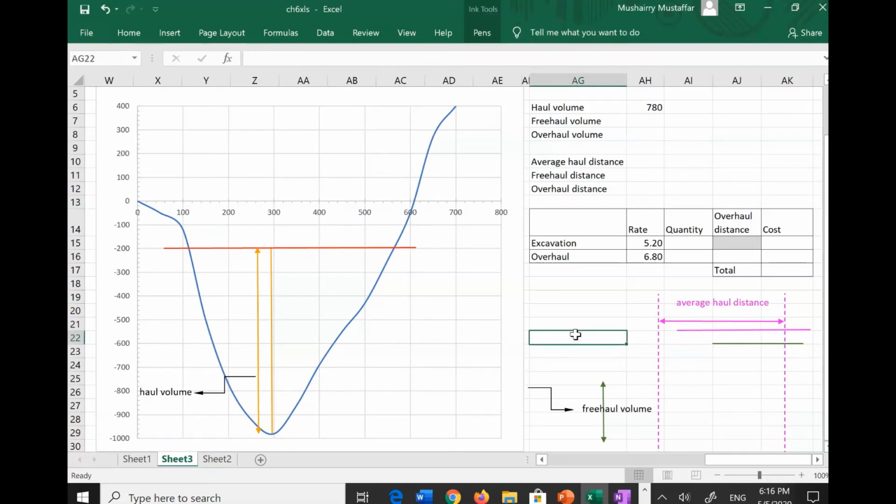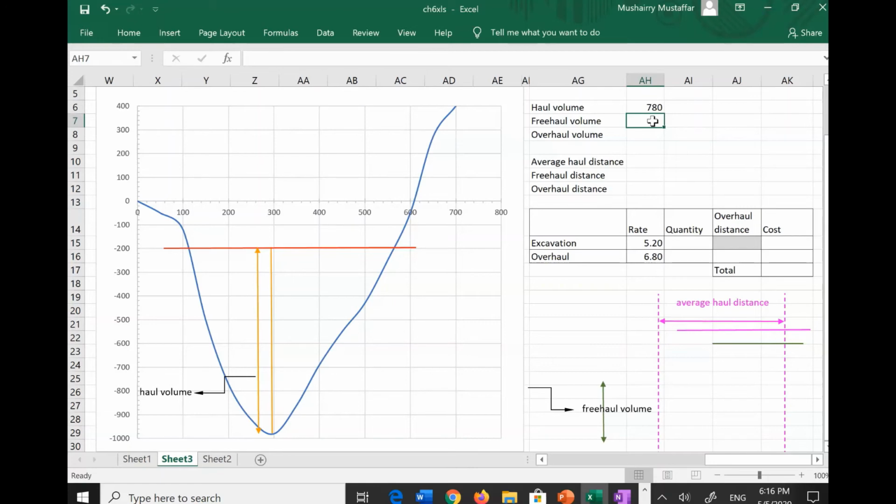The next thing to do is to find the freehaul volume. But in order to find the freehaul volume, we have to draw the freehaul distance. Remember, the freehaul distance given was 200 meter.